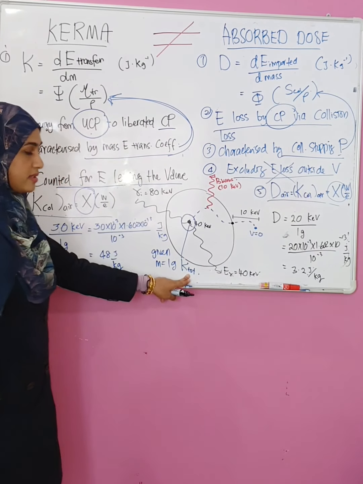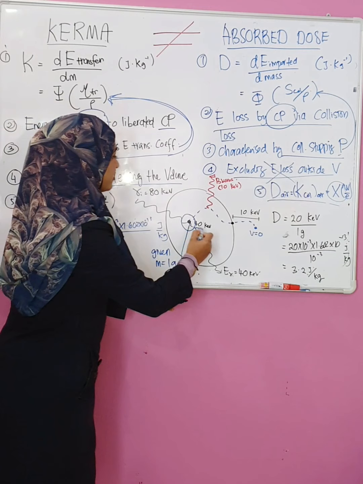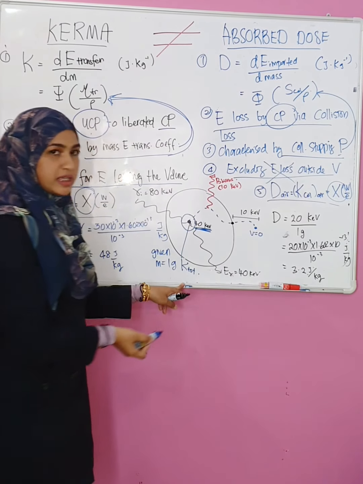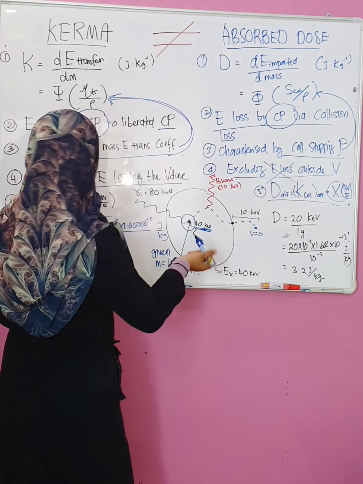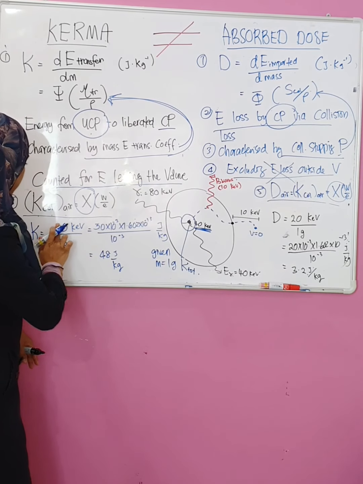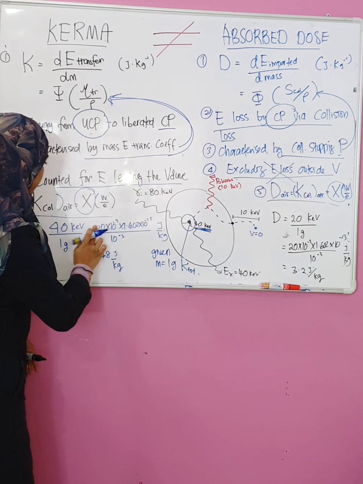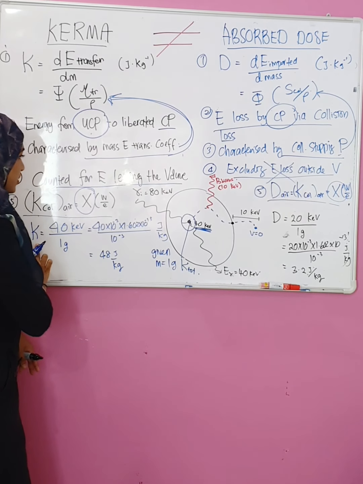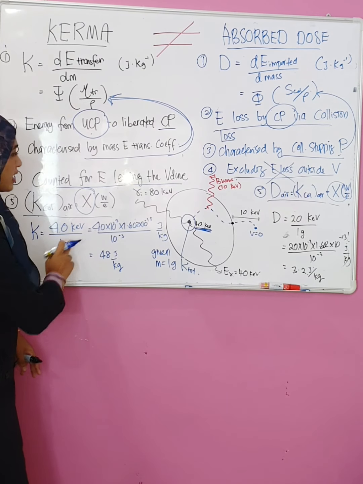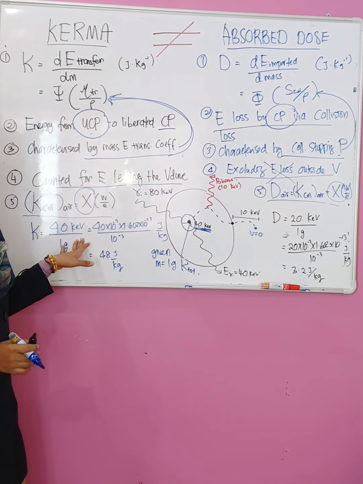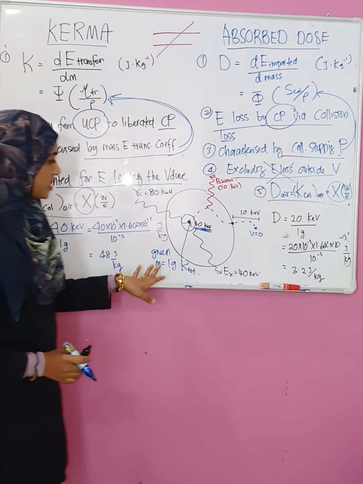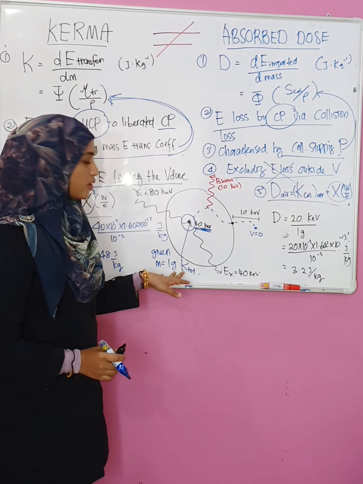How do we calculate this K total? We have the energy transfer equal to 40 keV. So KERMA is equal to the energy transfer, 40 keV, divided by the mass. Let's say the given mass is 1 gram.